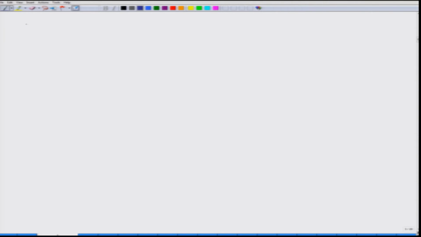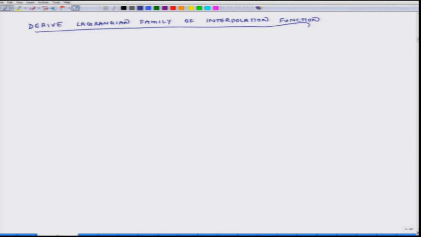So, we will now derive the Lagrangian family of interpolation functions. We will develop a method, very easy to follow, for how to develop the Lagrangian family of interpolation functions.